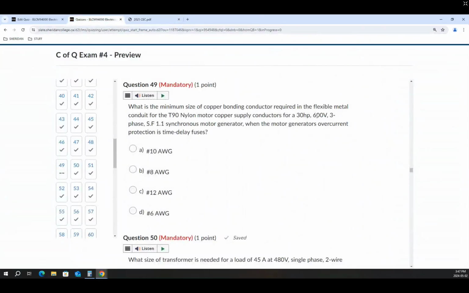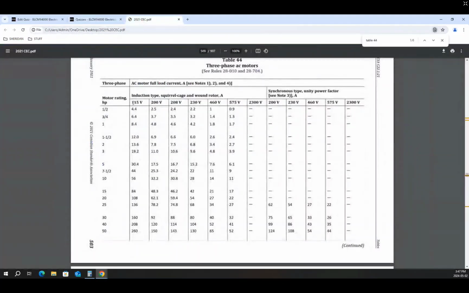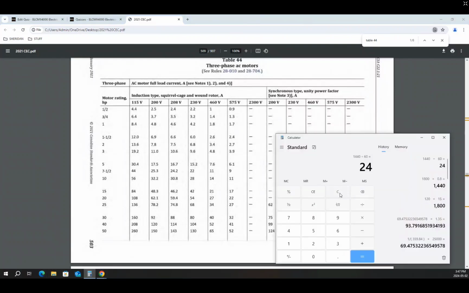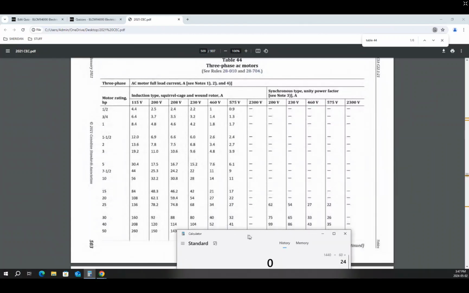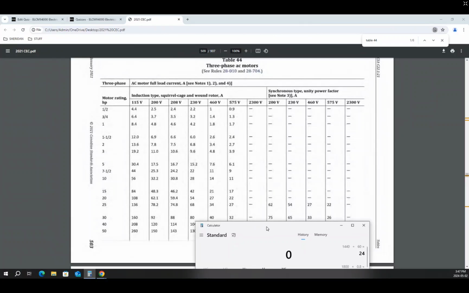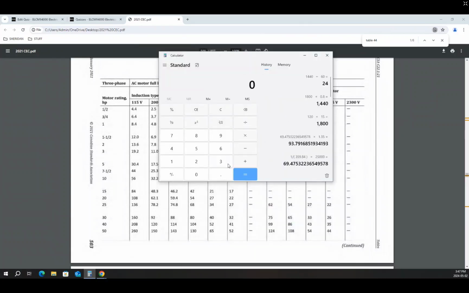And this is 30 horsepower, 600 volt, but it's synchronous, so it's 26. So my FLA is 26 amps. Clear that, memory clear, and that is 26.